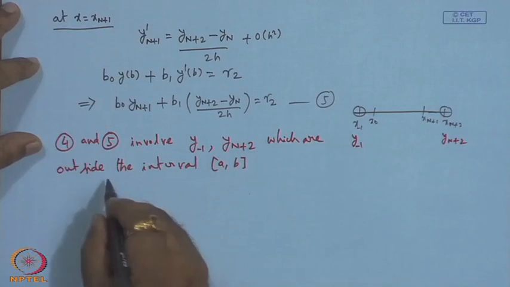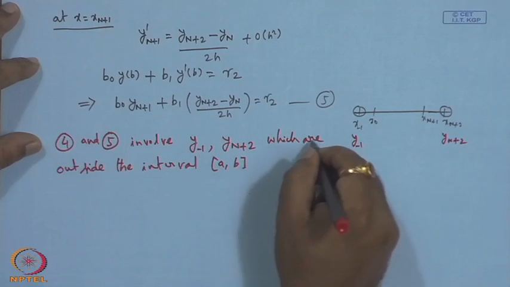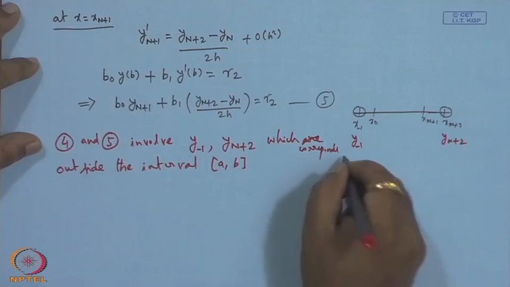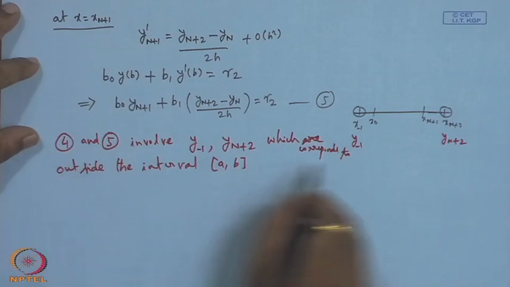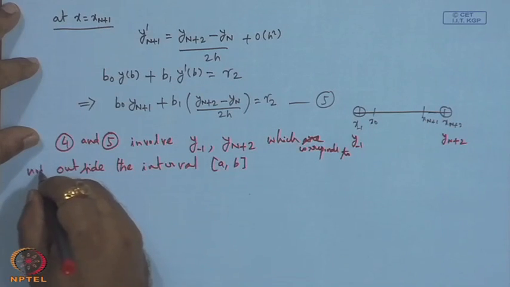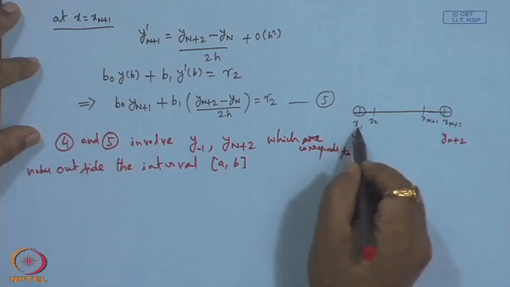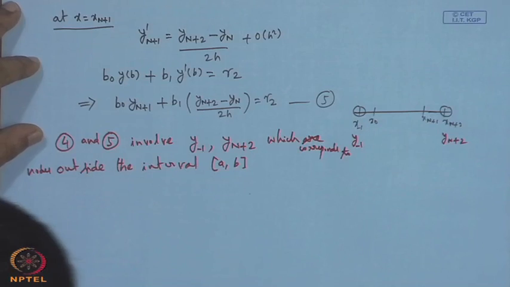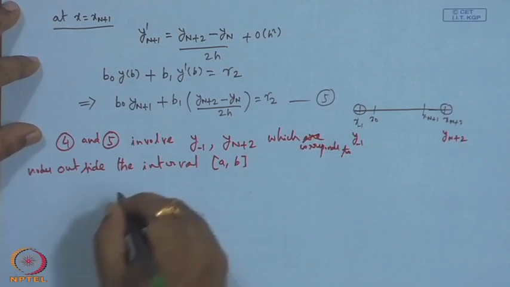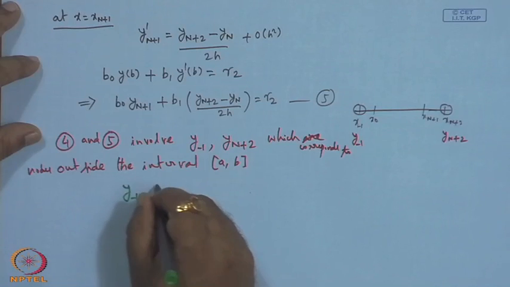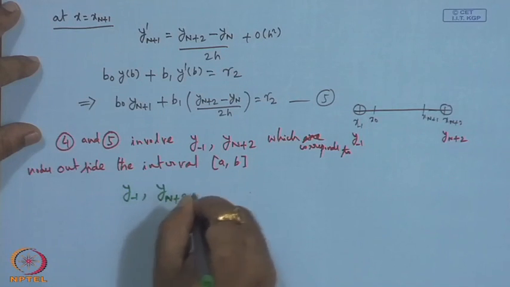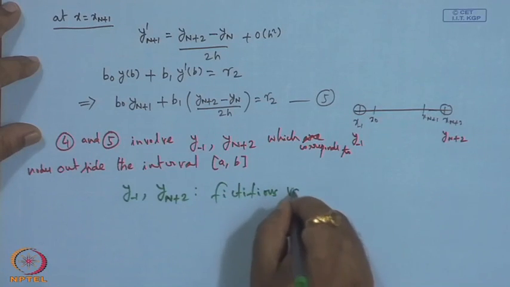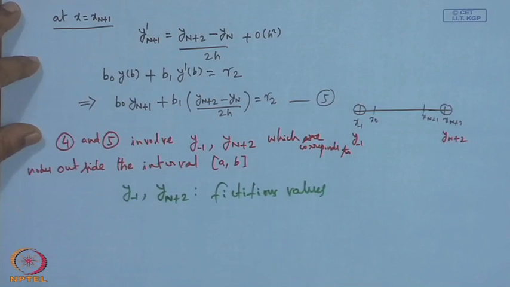These correspond to nodes outside the interval, because the nodes are x minus 1 and x n plus 2. These are called fictitious values.